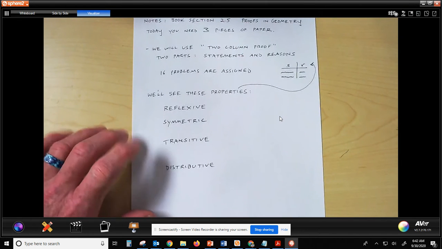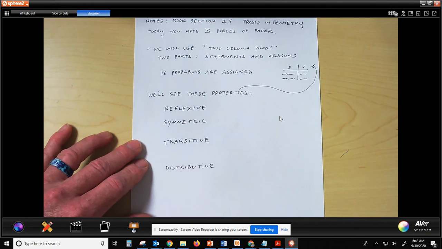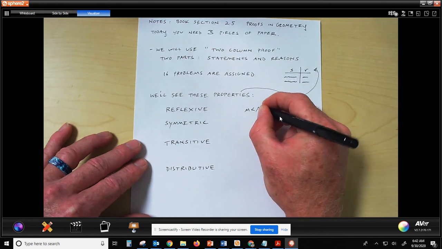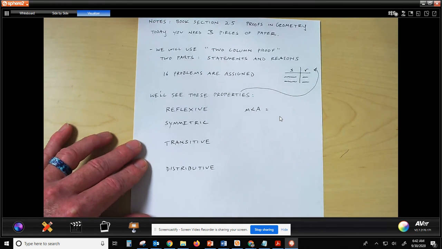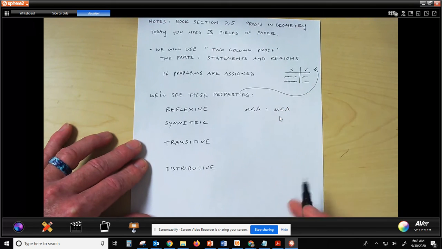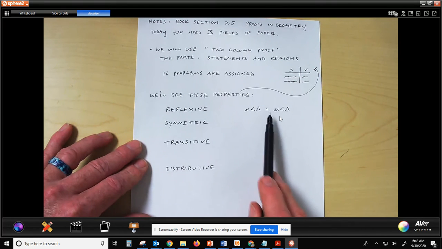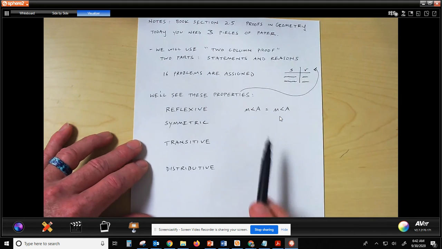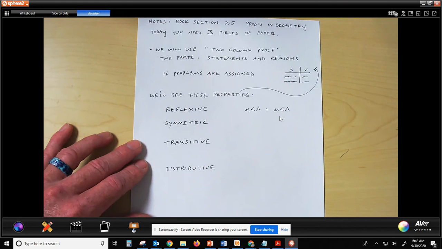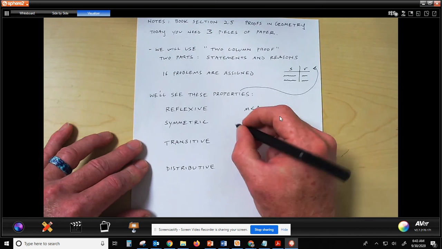So at least these 4 are in specific questions, and I just want to cover them with an example that is just using angles. So the reflexive property in math means that if we have the measure of angle A, it is equal to the measure of angle A. Sometimes that's useful because we're looking to reflect something across an equal sign. So this seems redundant, but it can be useful as a reason. The symmetric property, I'm going to put this in a conditional statement.